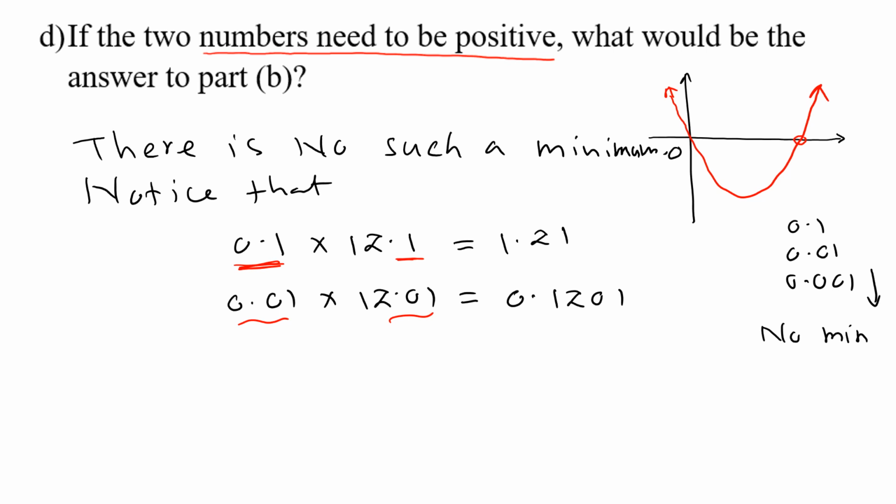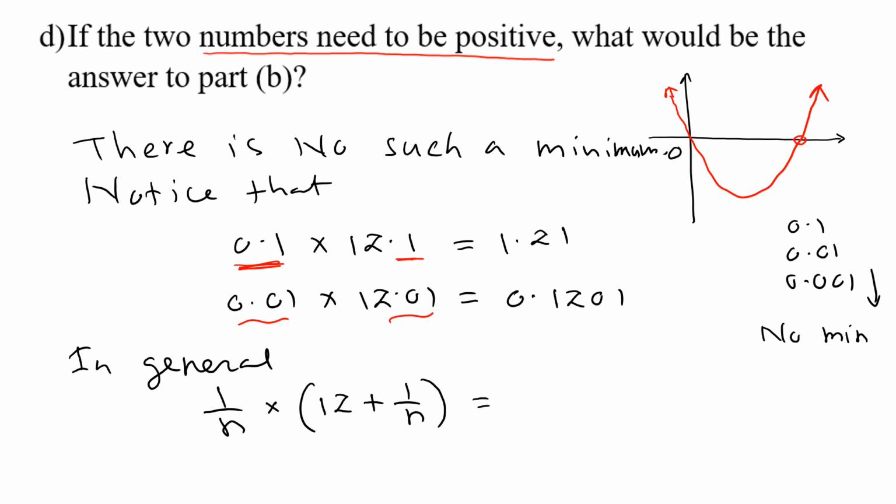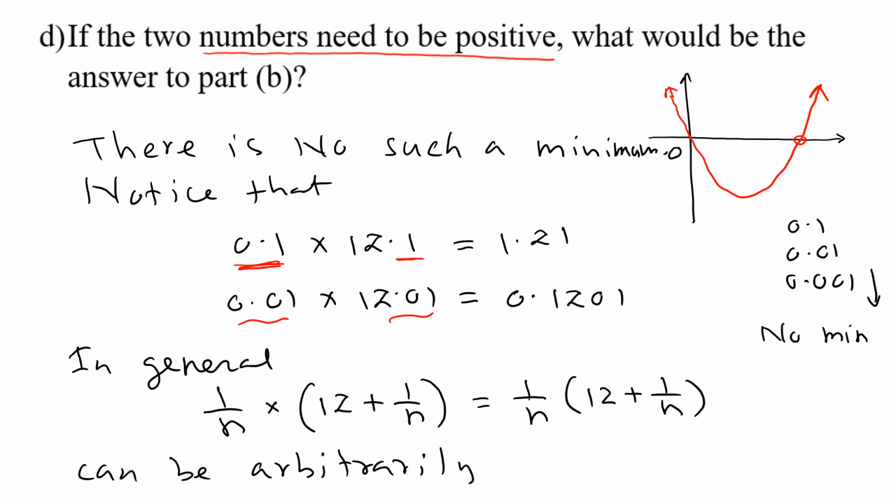So in general, you're going to pick 1 over n, and also add the same number, so it's 12 plus 1 over n. When you do that, you can see this is 1 over n times 12 plus 1 over n, and this can be arbitrarily small for a large n.